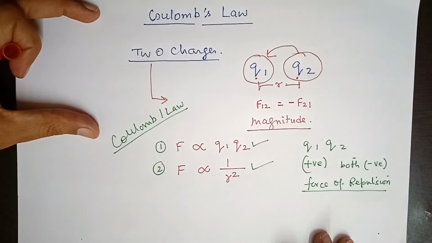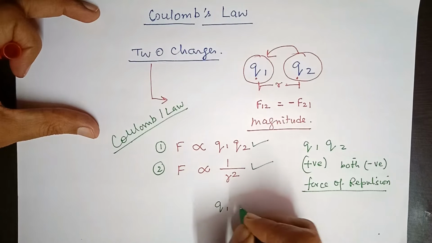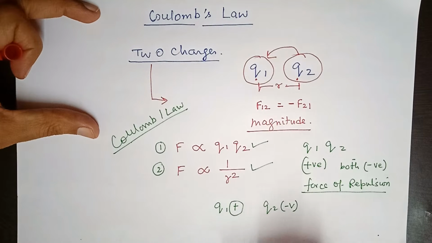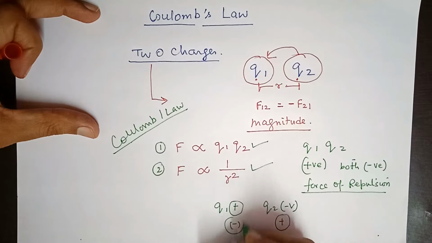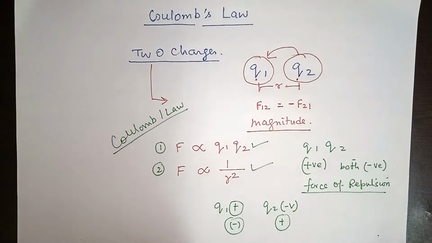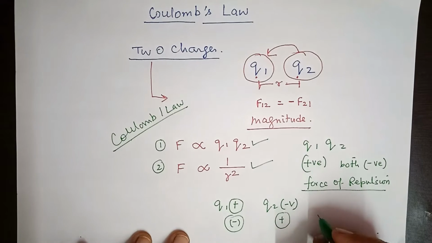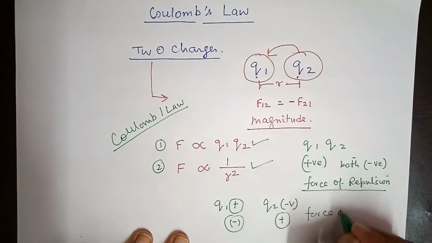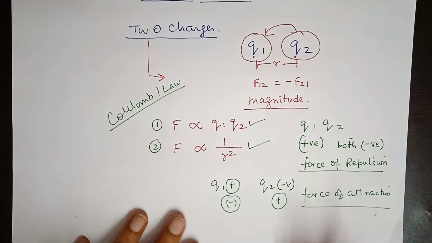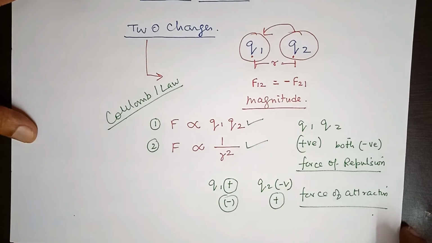They will repel each other, and if Q1 is positive and Q2 is negative, or vice versa, both of different sign, then there will be a force of attraction. Like charges repel each other, and different charges, positive and negative, attract each other.